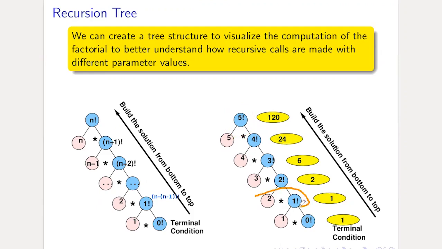These are all multiplication of two integers, because this value is returned to us from the previous function call as a result. So the solution, as you can see, is getting built up step by step from bottom to top.